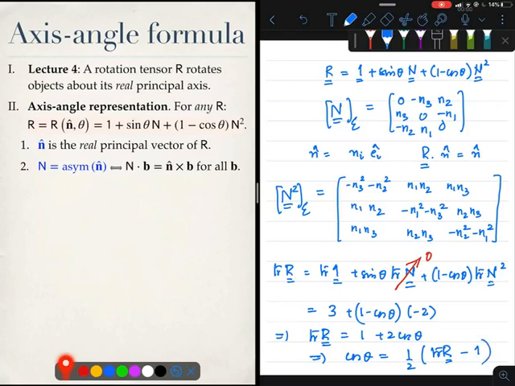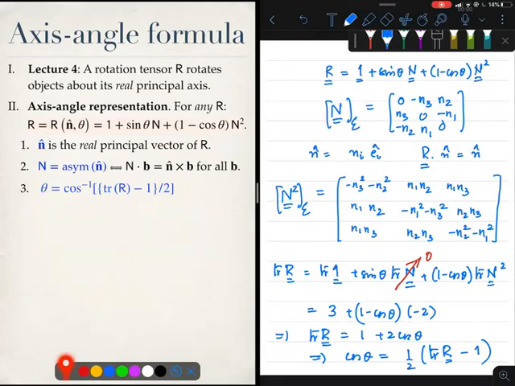So that's what I have shown you, and let me make it more legible. Okay, so that's my formula, and indeed that gives me that theta is the cosine inverse of trace of R minus 1 upon 2. So given R, I can now compute small n and theta.